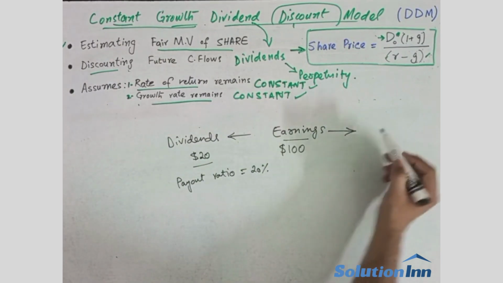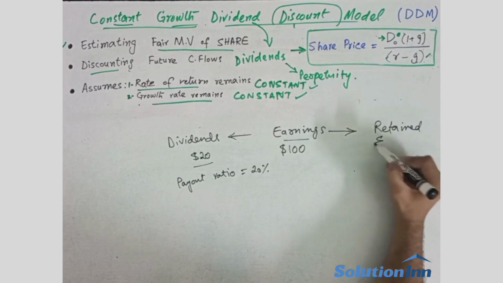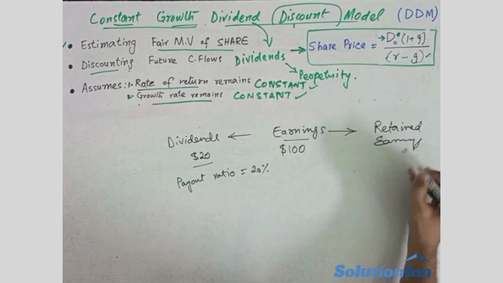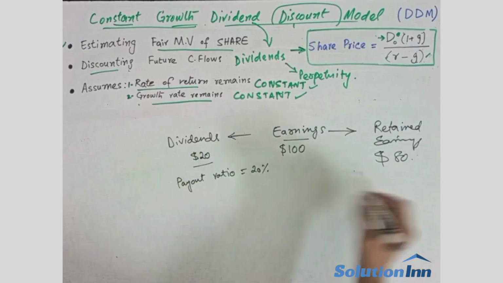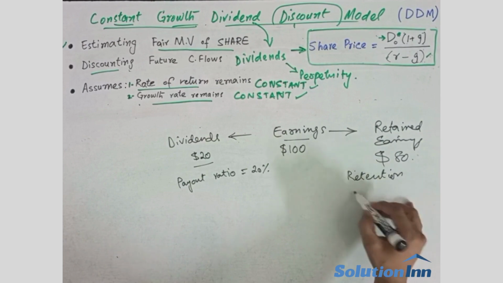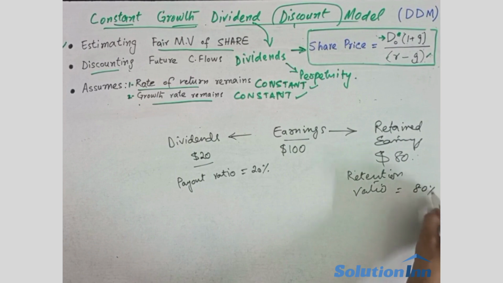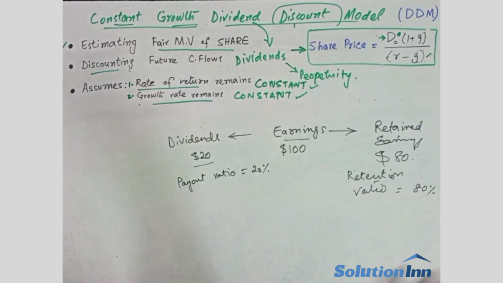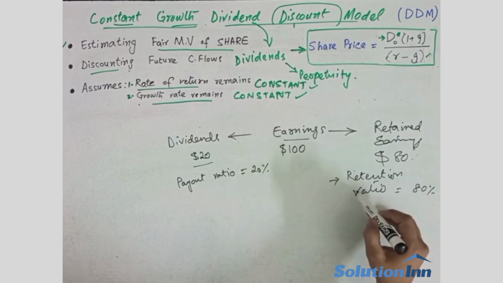You are obviously retaining $80, and this is called the retention ratio of 80%.